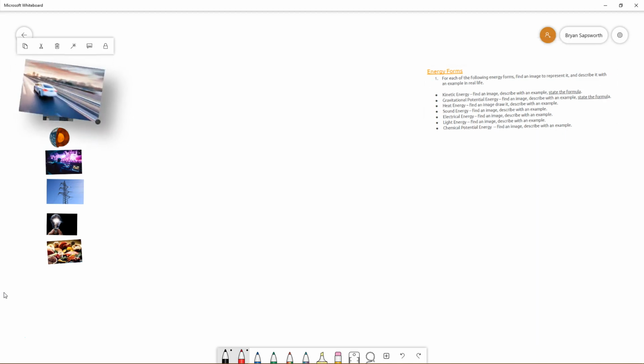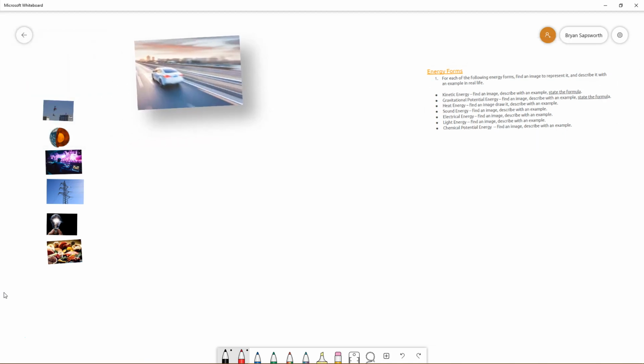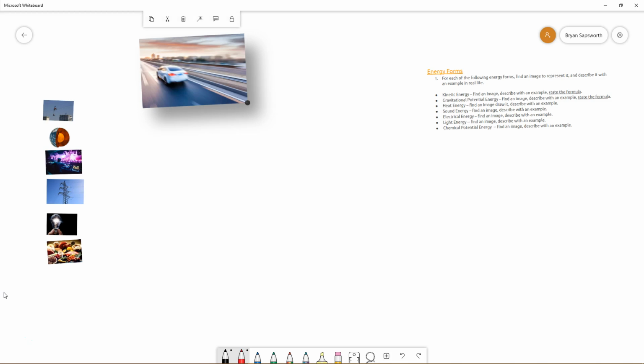Kinetic energy, let's start off with that one. So here's an example. All we're going to do is just say it's a moving type of energy. If the object is moving, it has this type of energy.